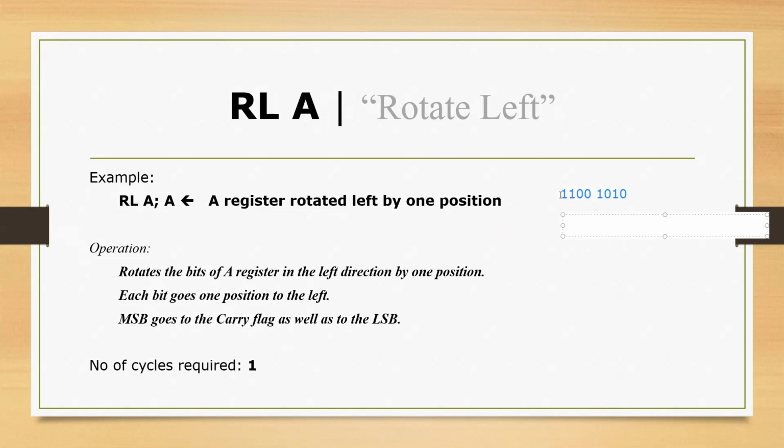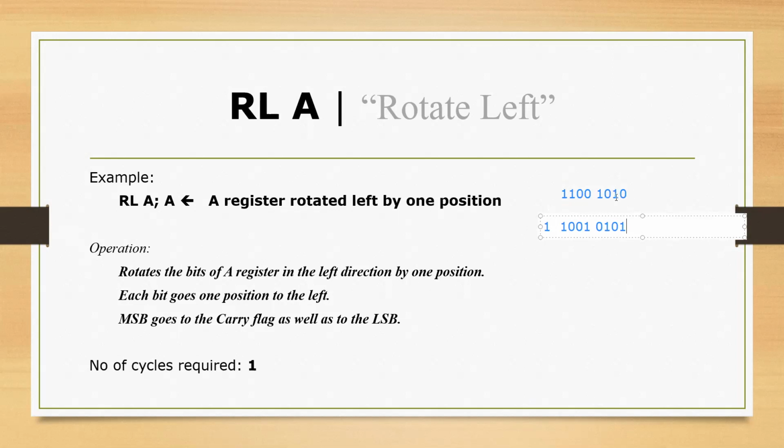So this bit moves 1 position to the left, then it enters the carry flag. Every bit is rotated 1 bit position to the left, and the bit that is coming out of the MSB goes to the LSB. This is the bit that is going out. That is the rotation happening here.